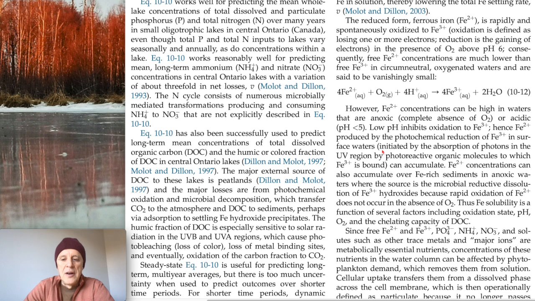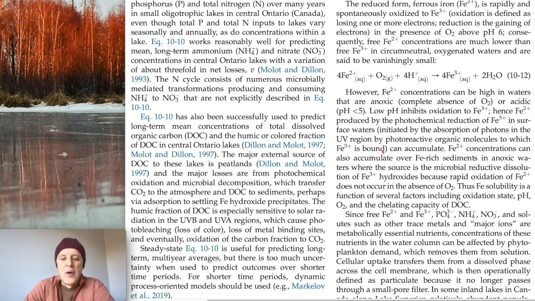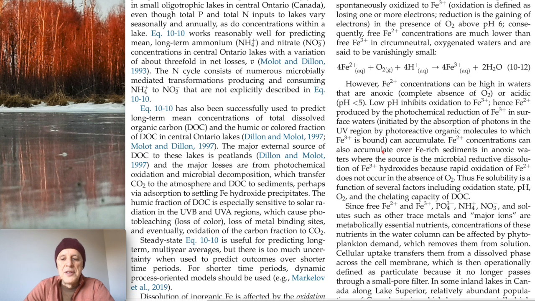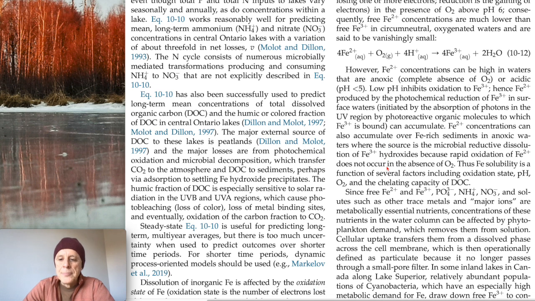However, ferrous concentrations can be high in waters that are anoxic or acidic. Low pH inhibits oxidation to ferric iron, hence ferrous iron, produced by the photochemical reduction of ferric iron in surface water, can accumulate.